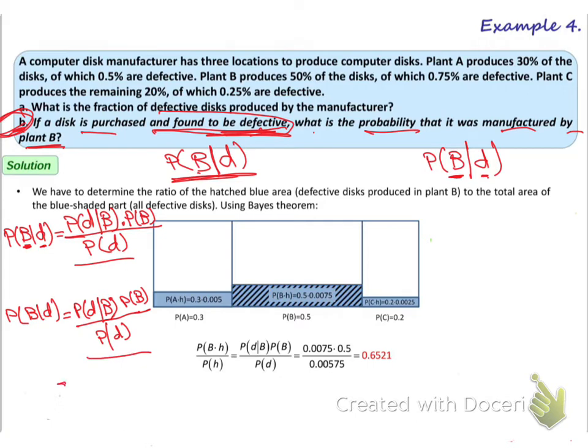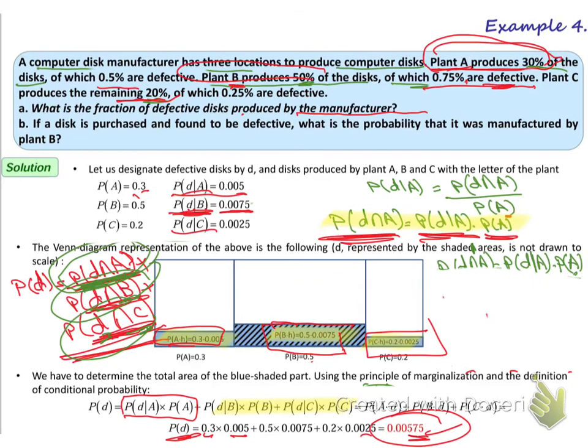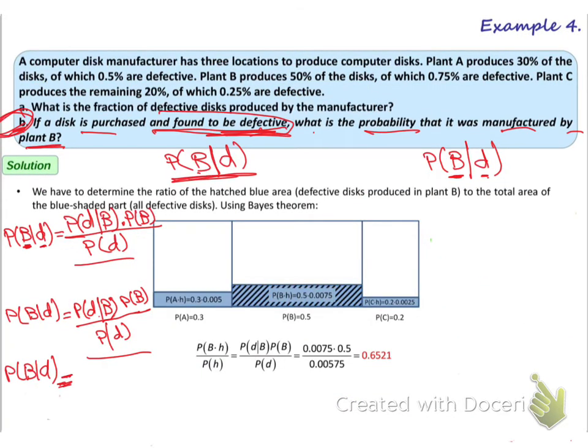So here we will substitute. The probability of B given D equals the probability of D given B, 0.0075, times the probability of B, which is 0.5, divided by the probability of D, which we just got from the previous slide, 0.00575.